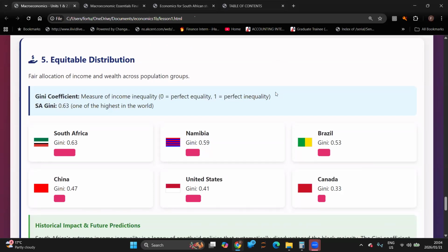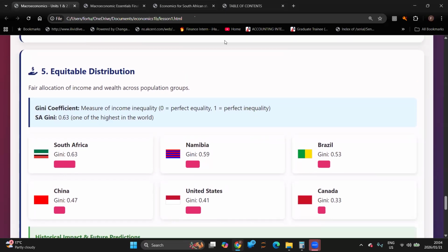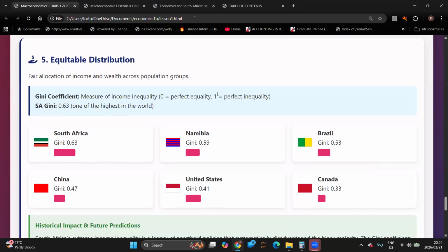South Africa has the worst inequality in the world, with a Gini coefficient of 0.63. How can we solve this income inequality? It means there's a wide gap between income brackets. What do you think can be the solution to income inequality in South Africa?